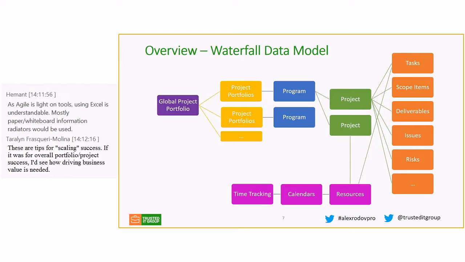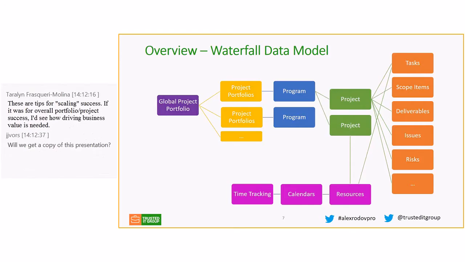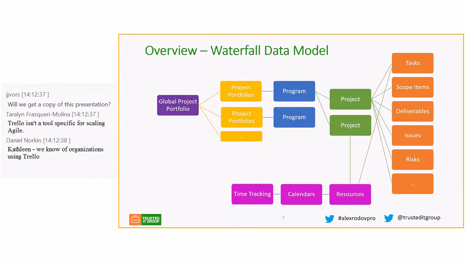So we start from the left and go from left to right, the way we write it, at least in English. So, global project portfolio, right? This is the global view of the entire project portfolio. Then we break it down to project portfolios. We have different departments, divisions, they have their own portfolios, and those organizations have their programs or projects.